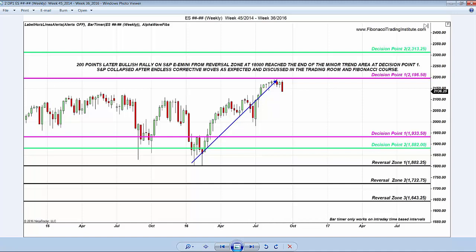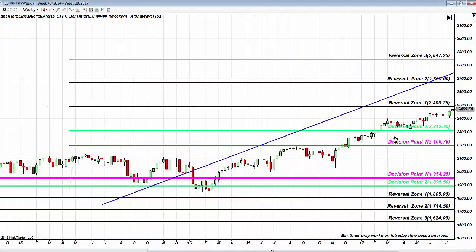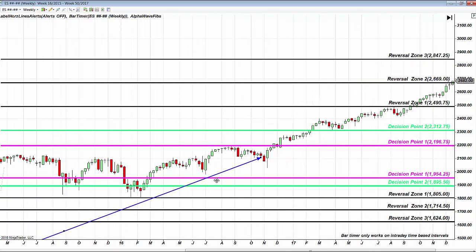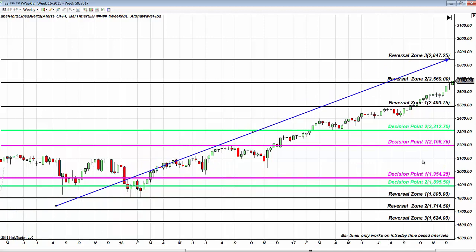is next. And that's what played out on S&P in the trading room, on the charts that had been present in the trading room for years. 1800 respected, 2200 market had taken a pause, reached decision point 2 and skyrocketed to reversal zone.